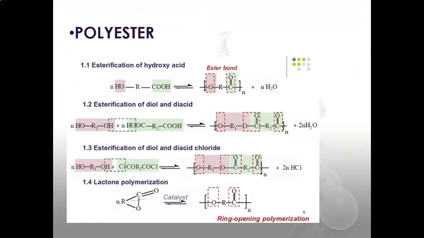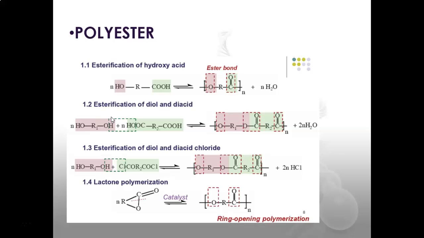For example, now we look at the production of polyester. Look at the esterification of hydroxy acid. As we all know, to produce polyester, you need to react a diacid and a diol to produce part of a polyester molecule, which contains the ester bond, and water is produced as a byproduct.